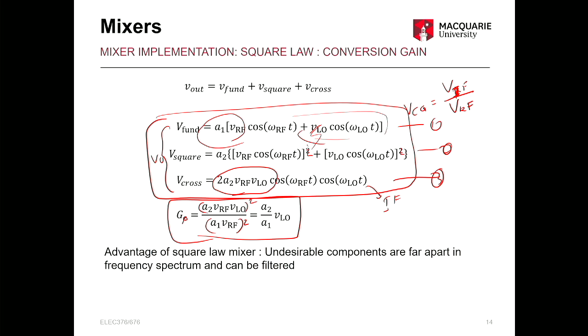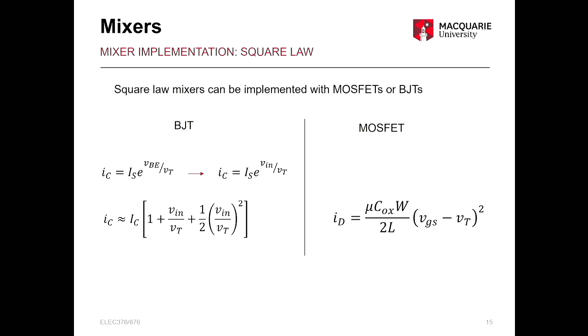But in this case, there is no IM3 because the maximum power is 2. Yeah. Any questions on that so far? No? All right. It's going to be a short class then.